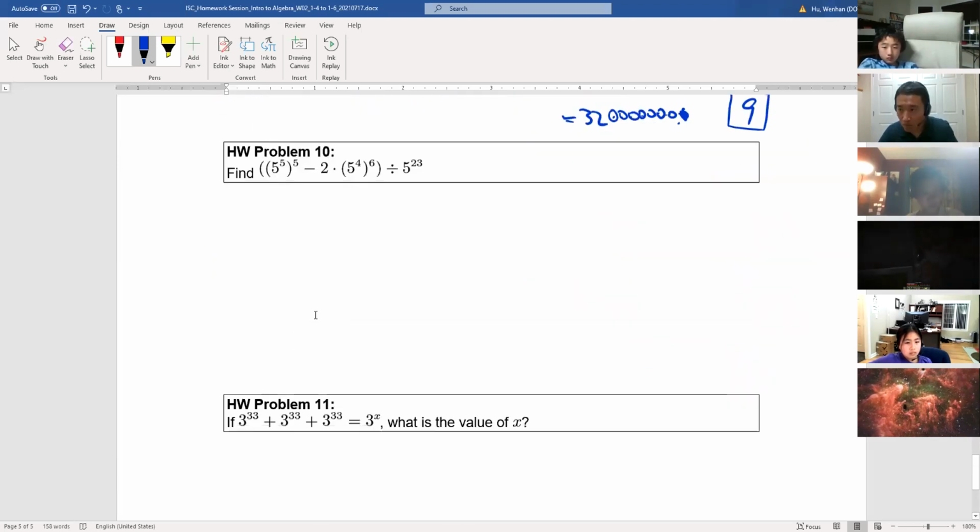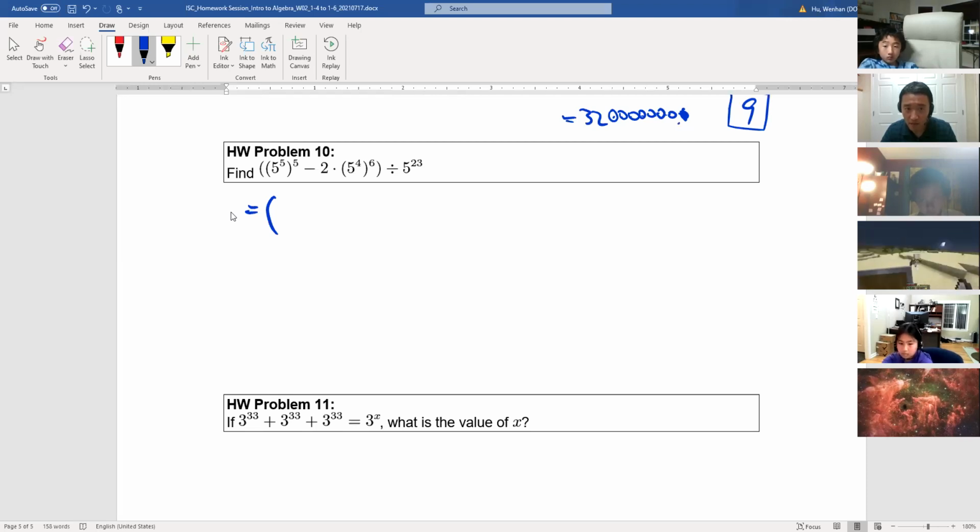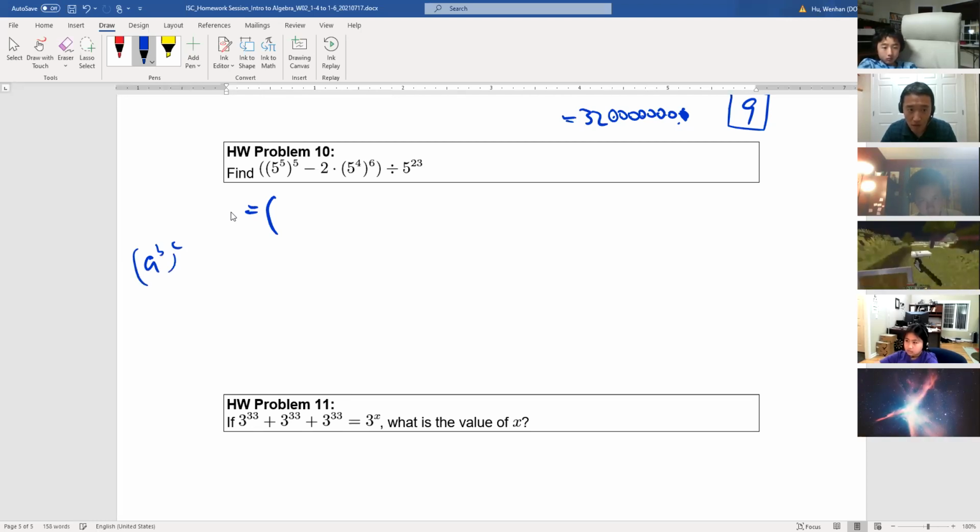So the next problem we have, well, it's complicated. We can just go step by step, following the laws of exponents we learned last time. In the parentheses, we have 5 to the 5th and to the 5th again. So by the power of a power rule, (a^b)^c equals a^(b times c), we have 5 to the 5 times 5 power.